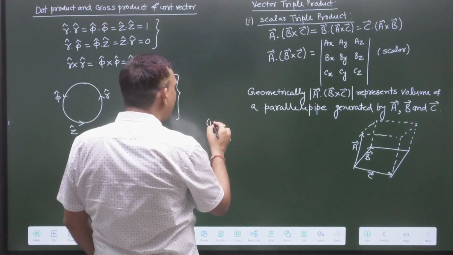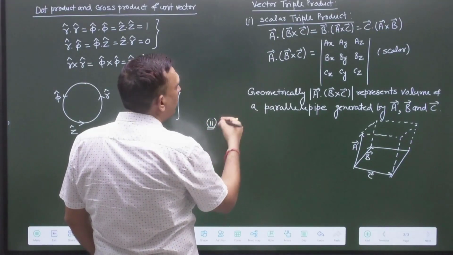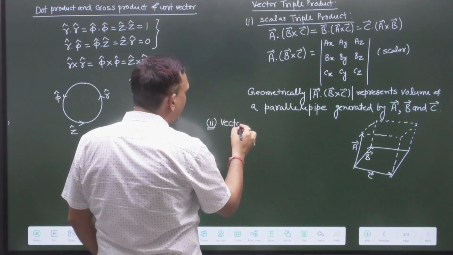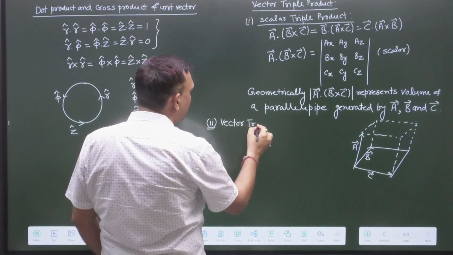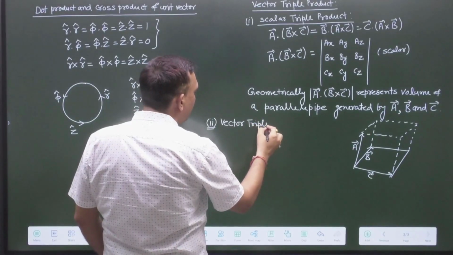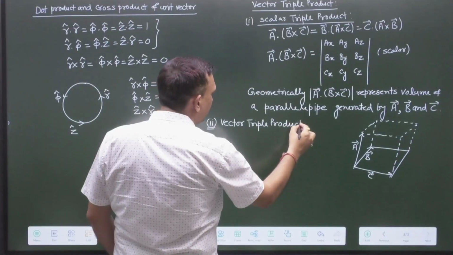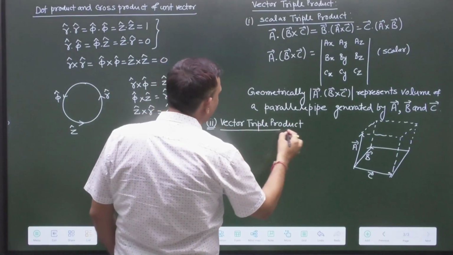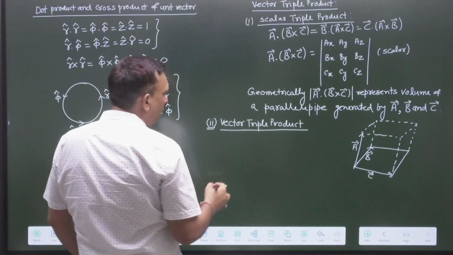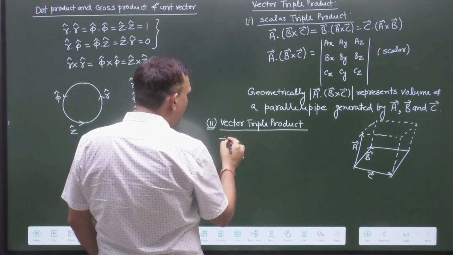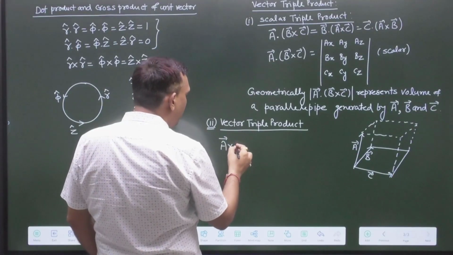Similarly, you can also find the vector triple product. Because B cross C is a vector quantity, you can again take a cross product.